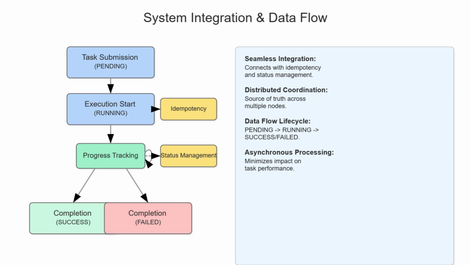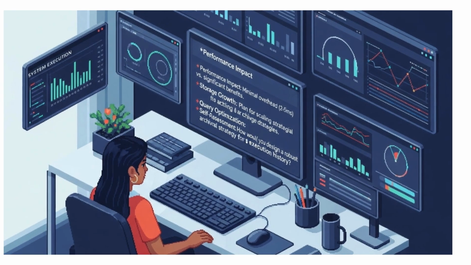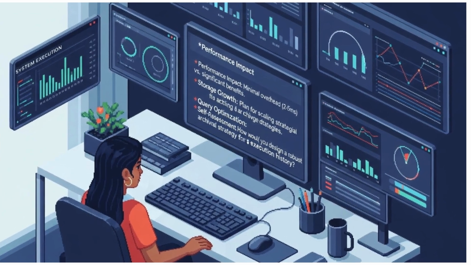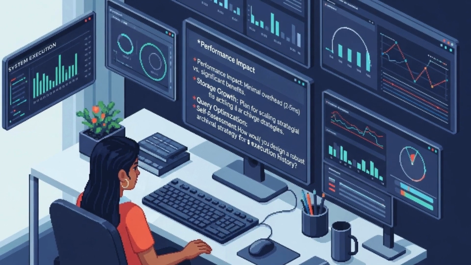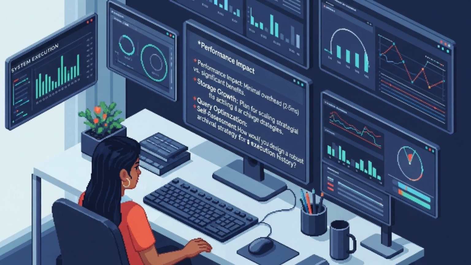Implementing robust task execution tracking comes with practical considerations you must plan for in production. First, there's a minimal performance impact. A well-optimized system adds only about 2 to 5 milliseconds of overhead per task, a negligible cost compared to the immense benefits of observability. Second, storage growth is a real factor.